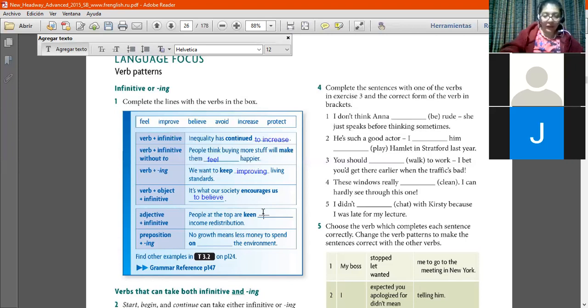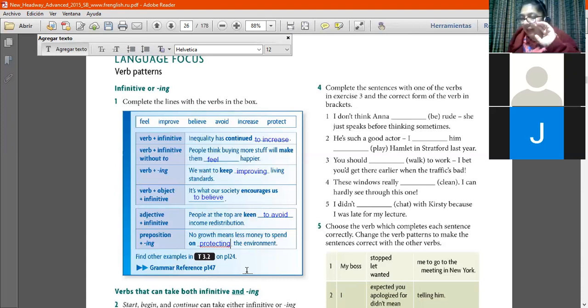Very good, to avoid. And the last one, no growth means less money to spend on protecting. Protecting. Very good.